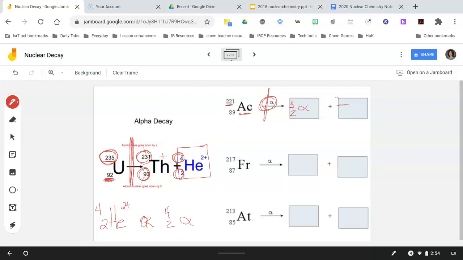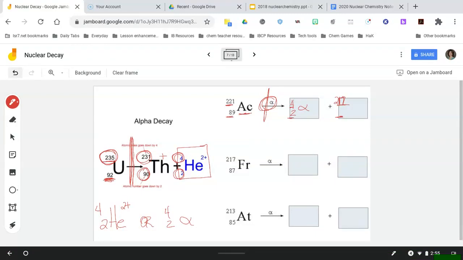The answer is 217. Okay, so 217 is my mass number on top of this particle. Let me write that a little more easily so it can be read. So there's my 217. Now I have to determine what number is going to go in the bottom.